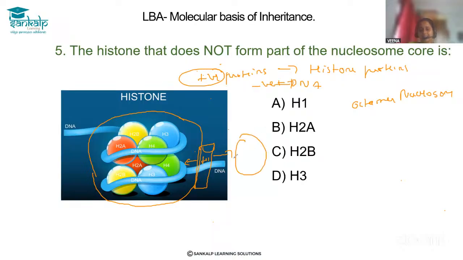So that's why it is called linker protein. That is H1. So here H1 protein acts as a linker, linking DNA. So the correct answer, which does not belong to the nucleosome, is option A, that is H1. Thank you.